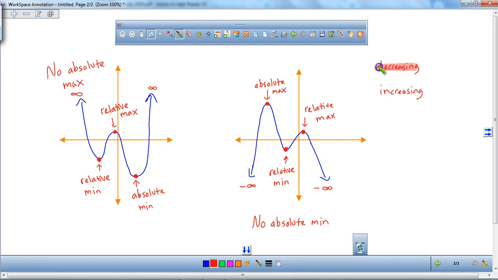All right, decreasing in red. And let's do increasing in green. All right, let's do increasing in green. Here we go. So it decreases from here to here. It decreases from here to here. And it increases from here to here. And it increases from here to here. If you work left to right. Going down, down, down, down, down. Turning point. Here this is called a turning point in the graph.